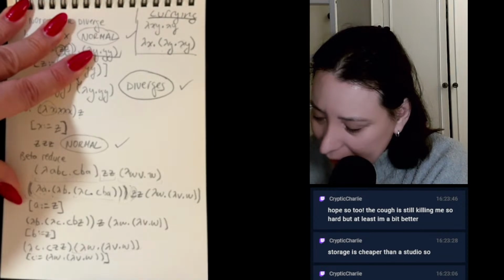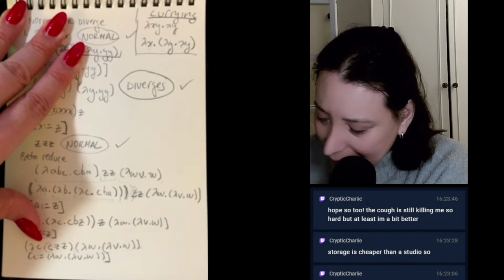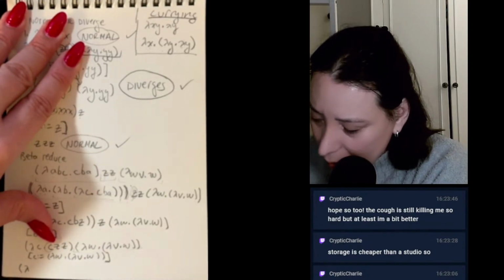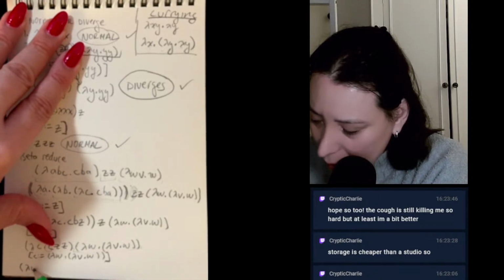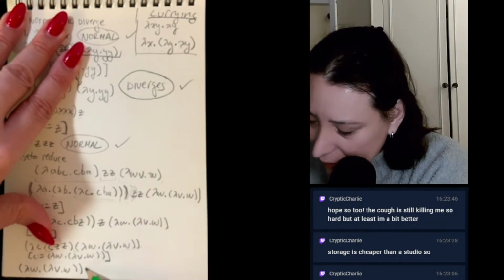So now we're going to replace that. So we get rid of this. So now we just put this C becomes that. So we do W dot lambda V dot W, ZZ.